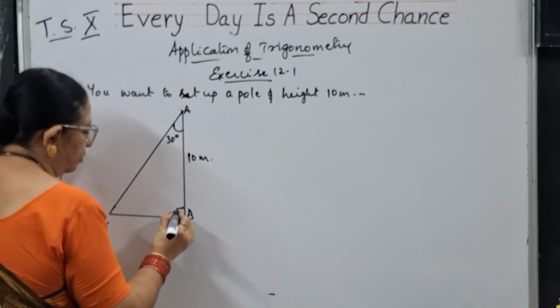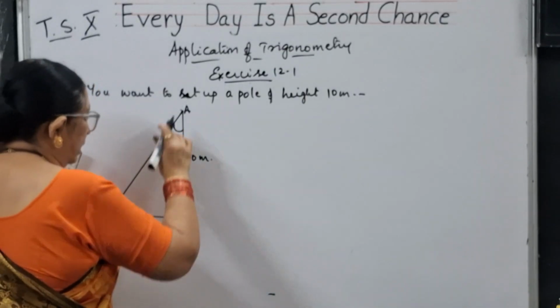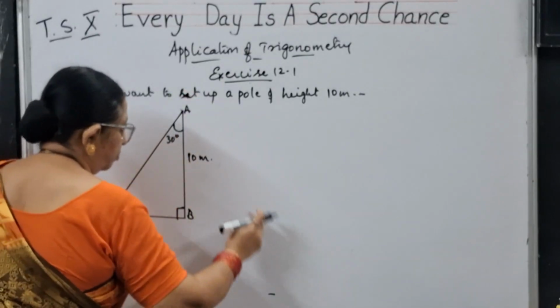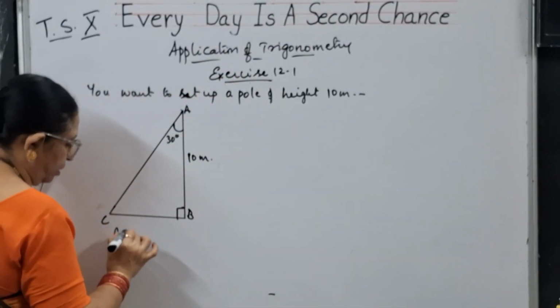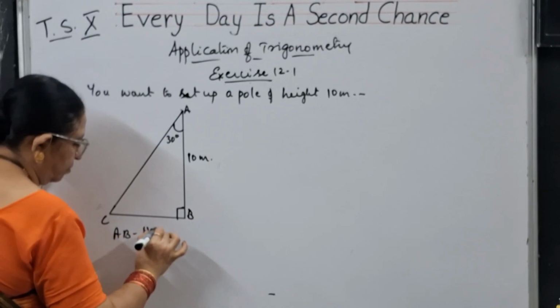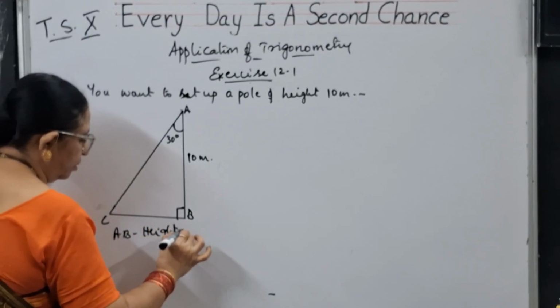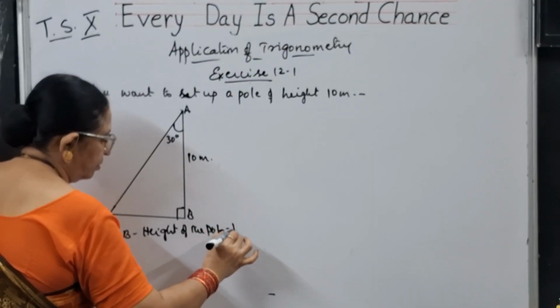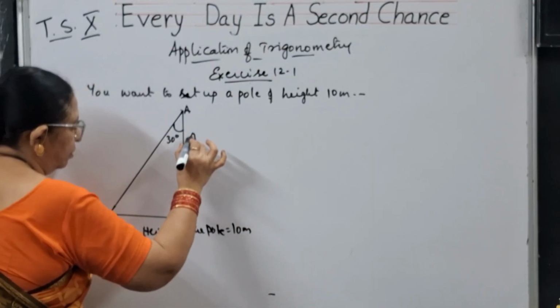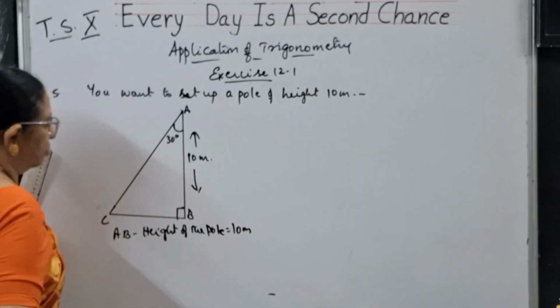Now you have to find out the three ropes. This is one rope. Another rope here, another rope either back or front. So what is AB? AB is the height of the pole, which is 10 meters. This 10 meters is the height of the pole.